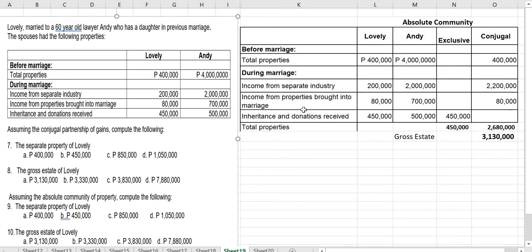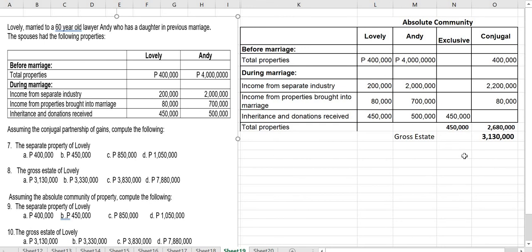The income from separate industry is always community or conjugal property. The income from properties brought into marriage, under absolute community, runs parallel: since the property is community property, the income is also communal. However, this 4 million is exclusive to Andy, so its income is also exclusive to him. The inheritance and donation received, the 450, is exclusive to Lovely, and the 500 is exclusive to Andy.